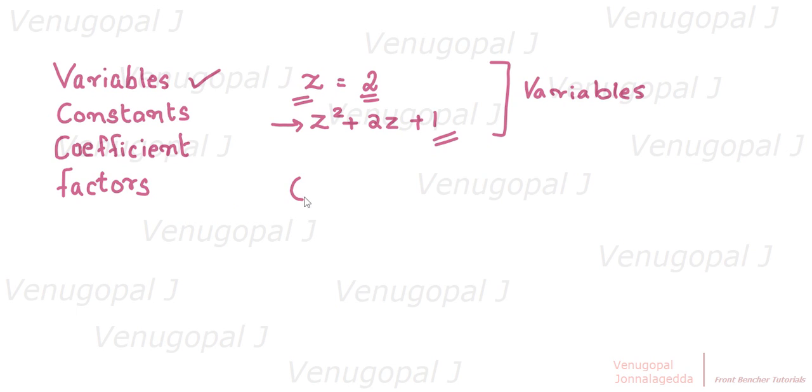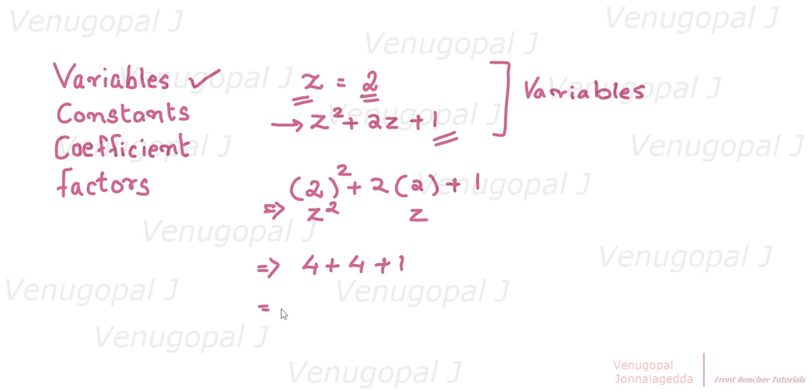I'm going to replace z with 2. Wherever z is there, I'm replacing it with the value of z. Here is z square, and here is 2z plus 1. Continuing this, we have 2 square, which is 4, plus 2 into 2, which is 4, plus 1, which is 4 plus 4 plus 1, which is 9.